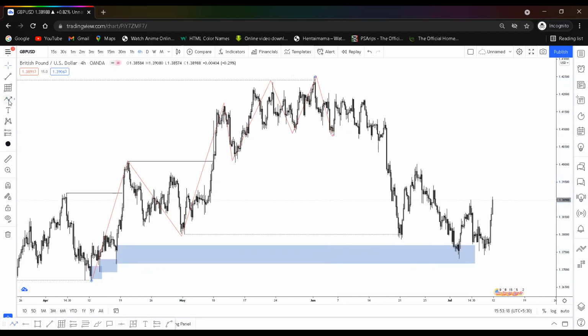Now we're retracing back down. Why? To get the internal range liquidity, because external range liquidity has been taken out, and the next target is the internal range liquidity.